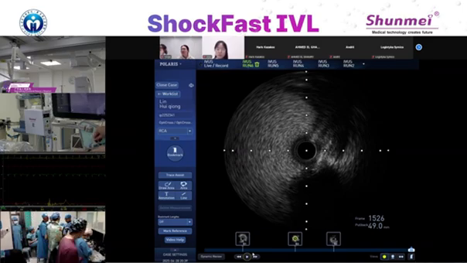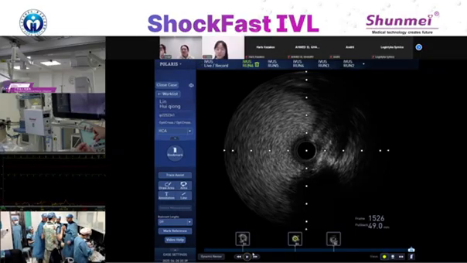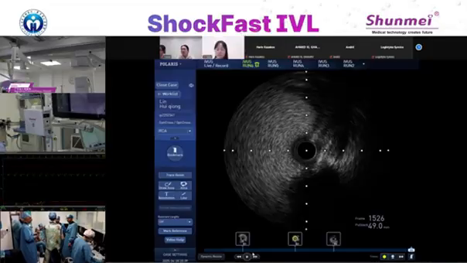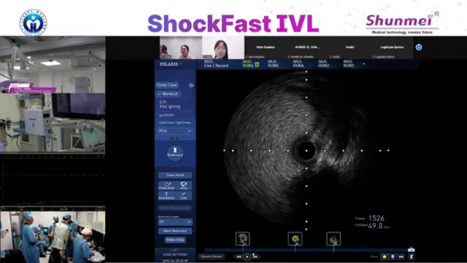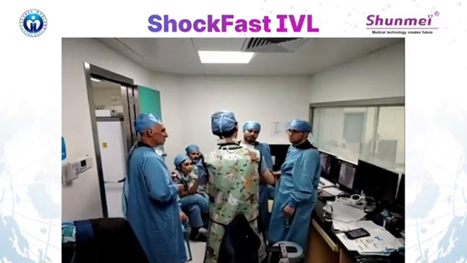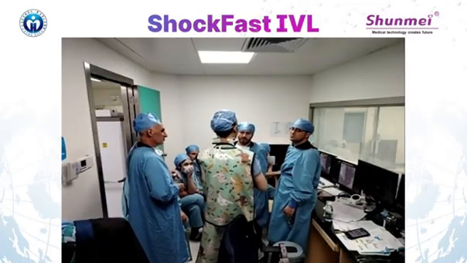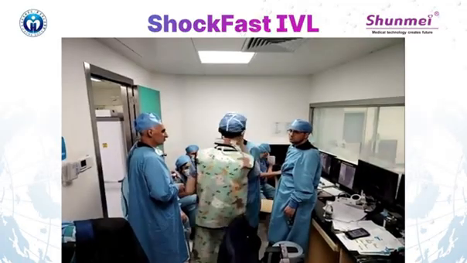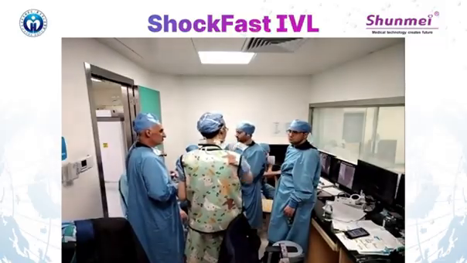This case looks difficult not only because of the calcium, but also the bending of the vessel. I think that's also because of the distribution of the calcium. Proximal is this way, distal is that way, so the lumen gets bent.